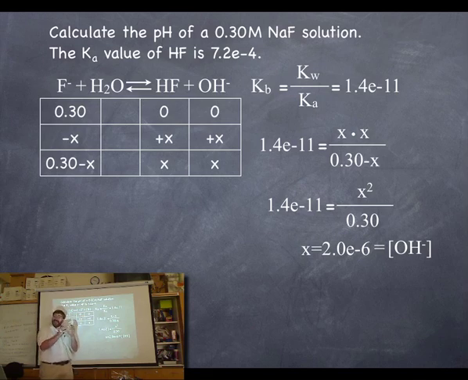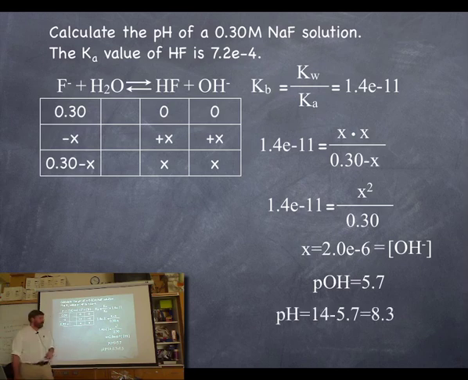So the hydrogen ion concentration would be Kw divided by concentration of hydroxide, and then once we get that, do the negative log. Or we can take the negative log of this number to solve for the pOH, and once we have that pOH, we're going to do 14 minus that to get the pH, 8.3.